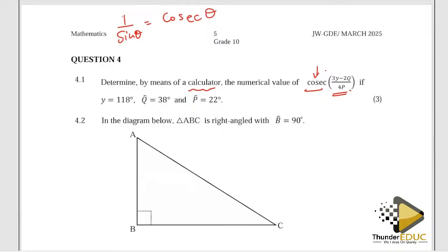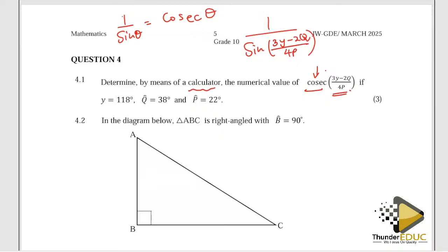Instead of stressing with all of this, we can simply get this entire thing and say it's the same as 1 over the sine of, let's say, 3y minus 2q over 4p. Then we just punch this in our calculator with our numbers, and then you get the answer.